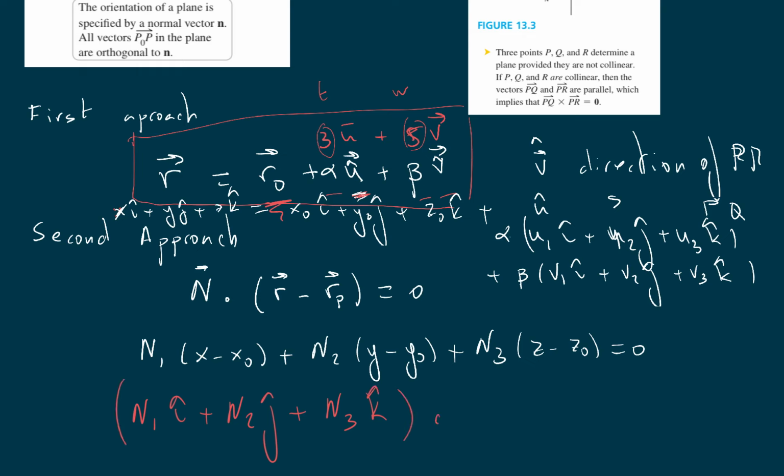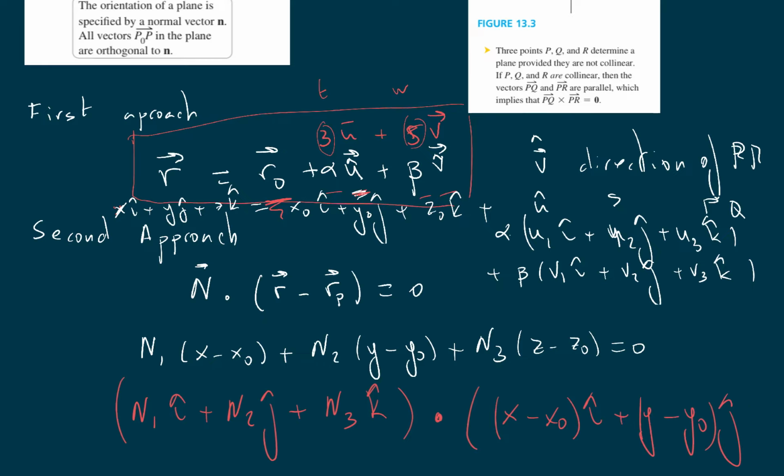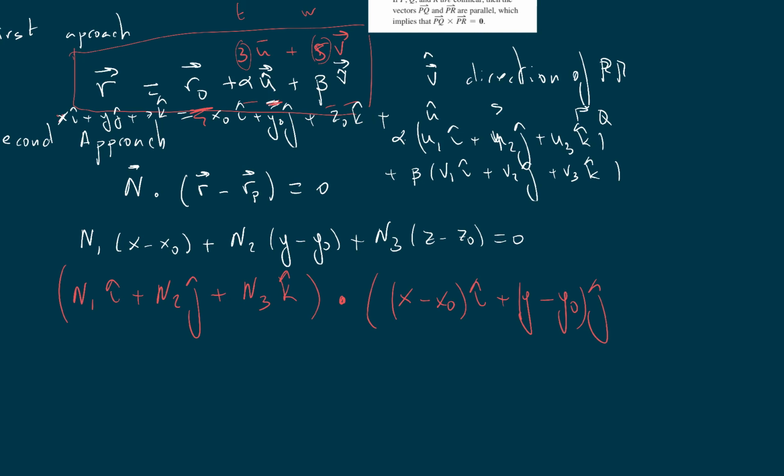Dot product the vector r minus r0, x minus x0 i plus y minus y0 j plus z minus z0 k. And these have to be 0 because they are perpendicular.